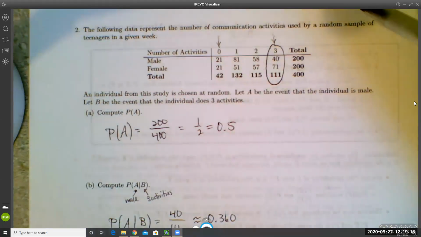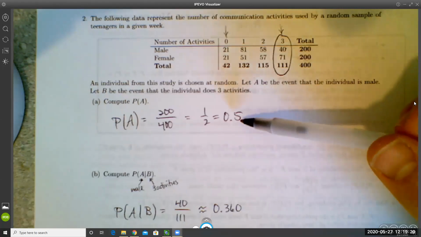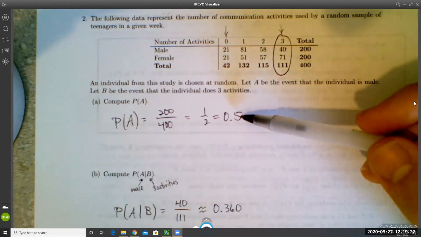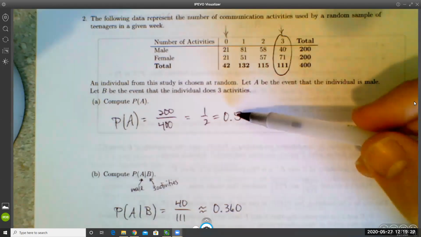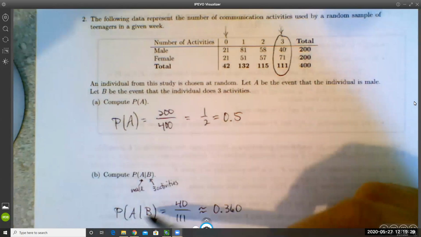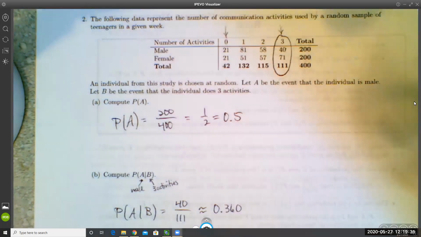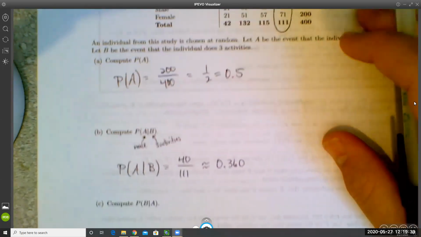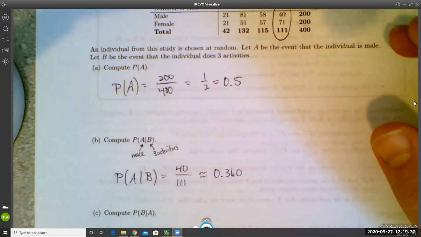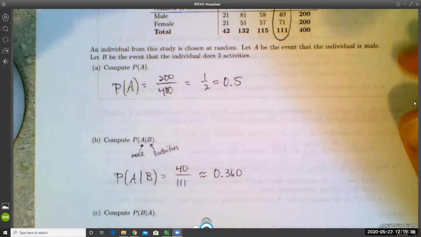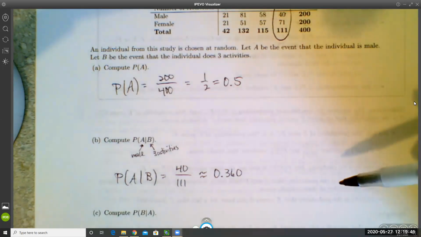So that's interesting. You'll notice that the probability that they were male is 50%, but the probability that they're male given that they did 3 activities is 36%. So obviously the number of communication activities that you do is dependent in some sense on your gender, right?